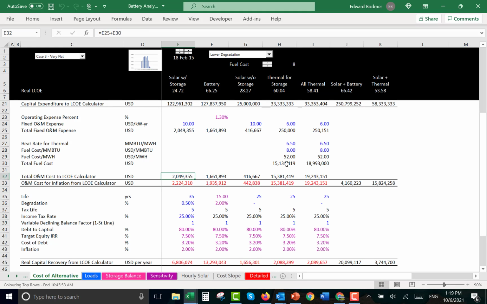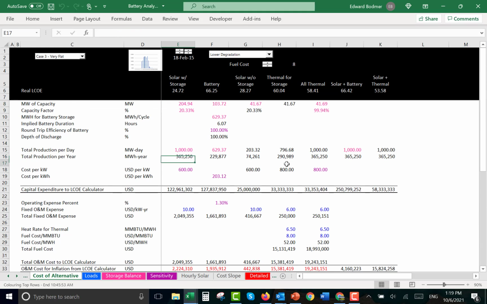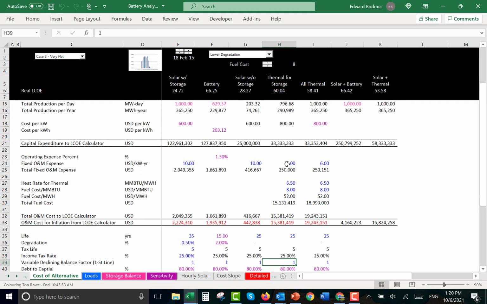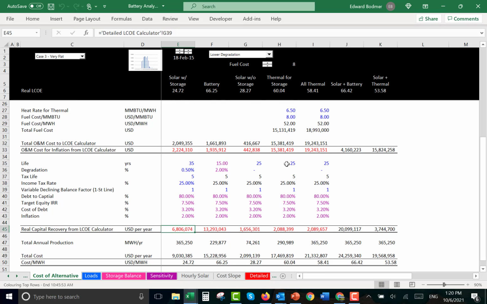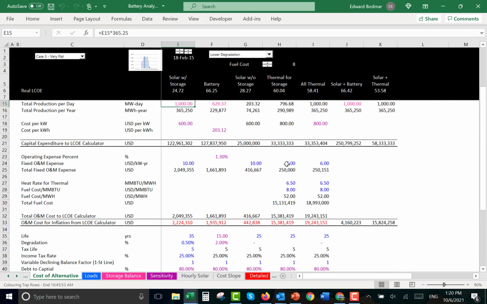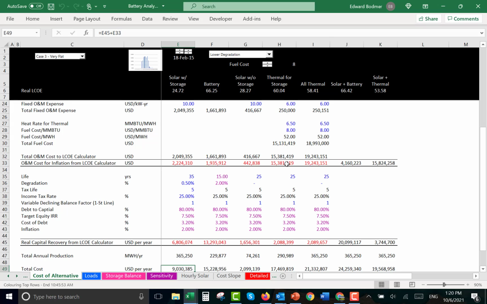We're putting in the capital expenditures, and we introduce those and discuss those a lot for the different kinds of technologies. We input the operating expenses and get back the operating expenses adjusted for degradation, basically, if they're real, if we're doing a real analysis. We put in the cost of capital, and we get back, by using the total capital expenditure and our cost of capital assumptions, the total amount of capital recovery.